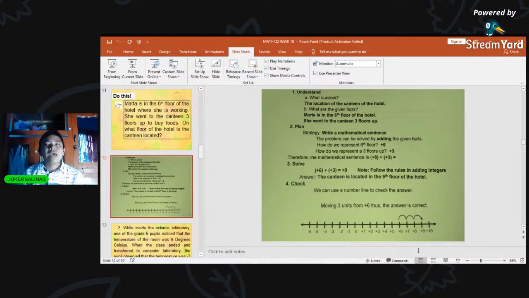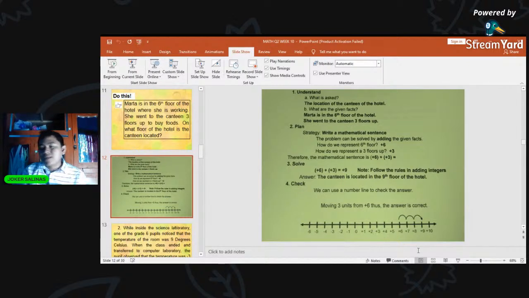Next, to check if the answer is correct, we could use a number line. Moving 3 units from positive 6, thus the answer is correct. From positive 6, going up, so going to the right, 1, 2, 3. So we stop at positive 9. It means the location of the hotel canteen is on the 9th floor.